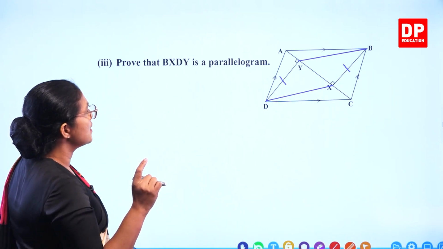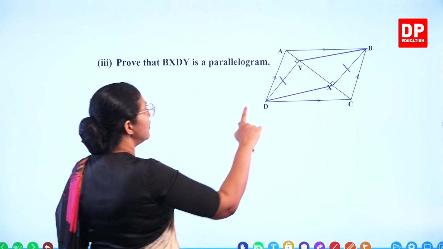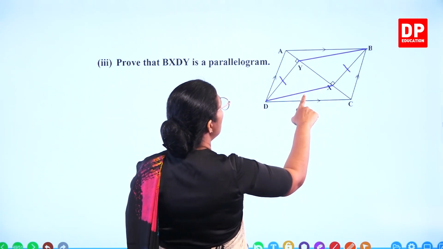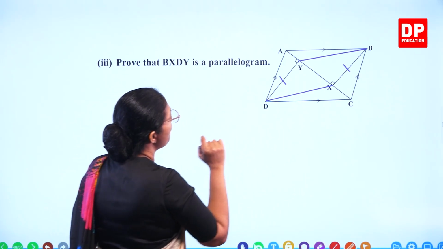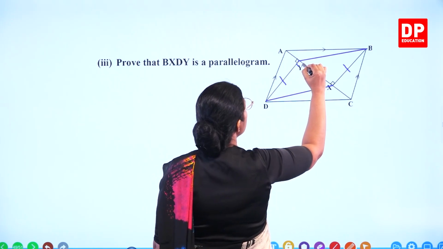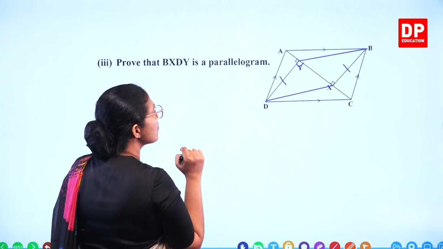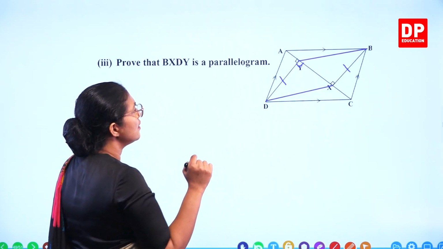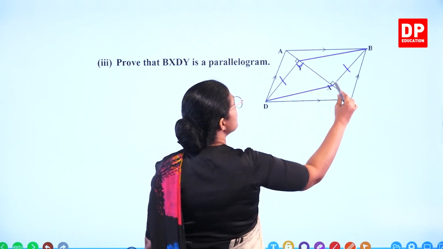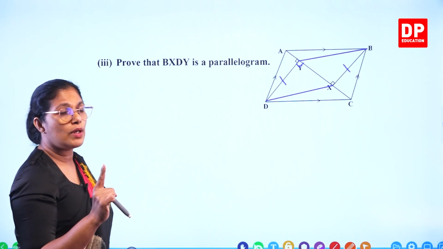And what else can we say? Here, this is 90 degrees. And this is 90. What are these two angles? 90 and 90. Alternate angles are equal.